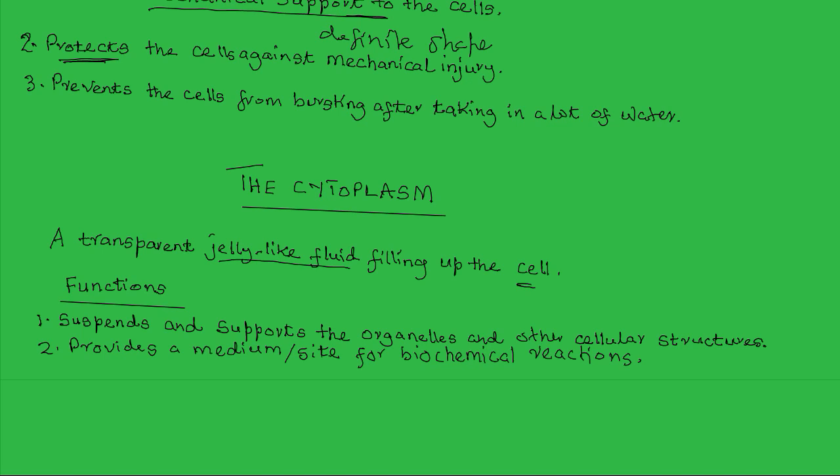Its jelly-like, viscous nature enables it to perform one of its most important functions, and that is suspending and supporting the organelles and other cellular structures that are contained within. Secondly, it also provides the medium or the site for the many biochemical reactions that take place within the cell.